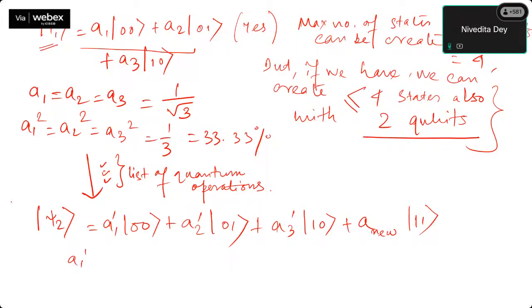And this is also in uniform superposition. That means the number of states has increased. So this is constructive interference.